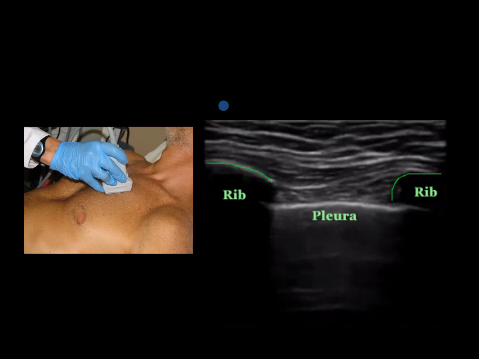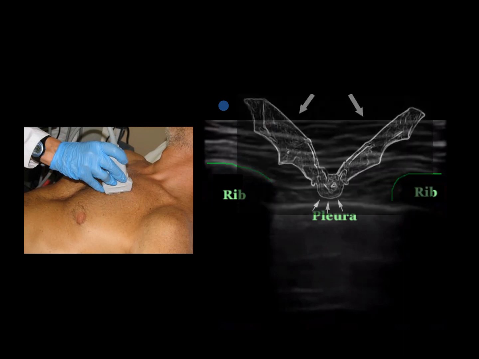The ribs are 2 centimeter archiform hyperechoic structures, 2 centimeters apart. The pleural line is a horizontal hyperechoic line, half a centimeter deep to the vertebral rib line, and represents the parietal pleura. All signs arise at the level of the pleural line. The BAT sign, created by the ribs and pleural line, is the basic landmark in lung ultrasound.